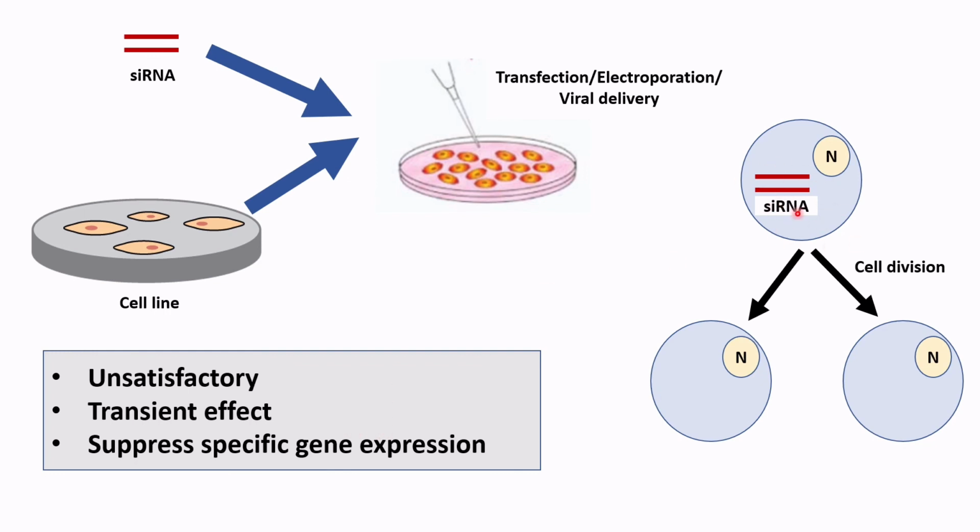Now, when the cell divides into two, siRNA will not pass on to the progeny cells. So, those new cells will not get them, and in that case, gene silencing will not be possible in progeny cells. Hence, the effect is transient. That is, it lasts only for a short time in some particular cells.